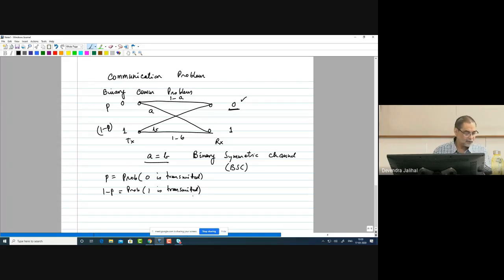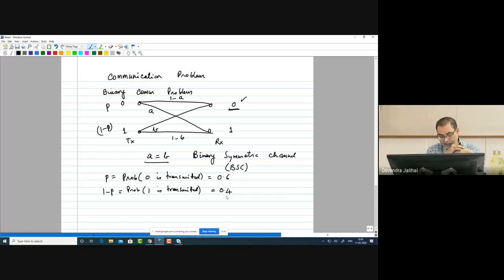Let's say P for some situation is 0.6 and 1 minus P is 0.4. So 60% of the time I transmit zeros, and 40% of the time I transmit the other symbol, 1.